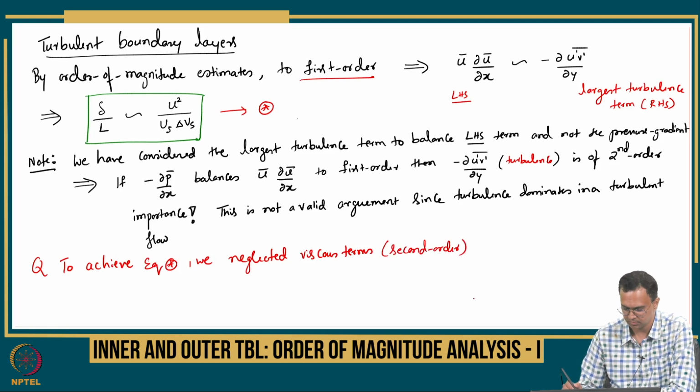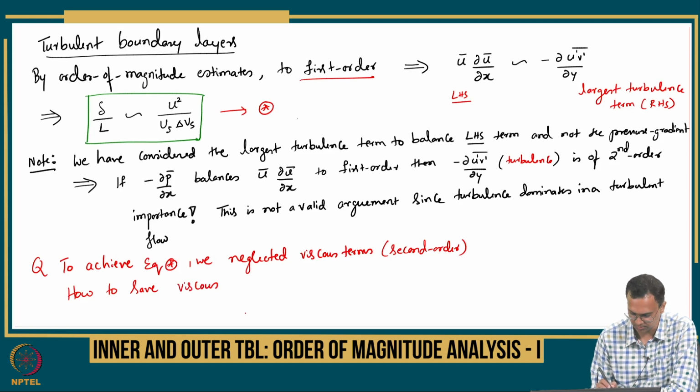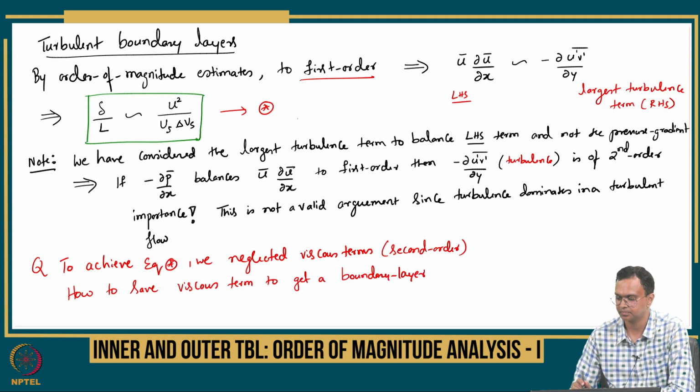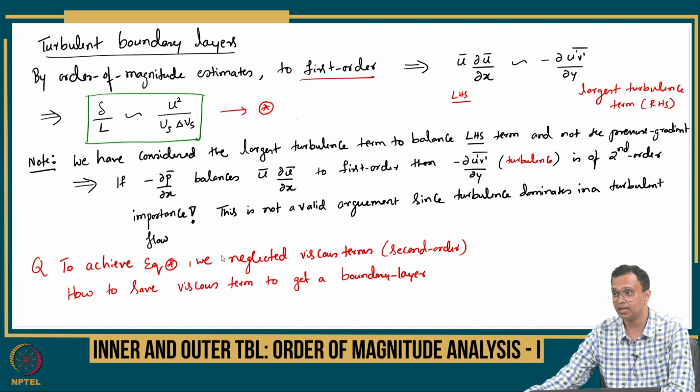So how to save the viscous term now? How to save at least one viscous term, the largest viscous term, to get a boundary layer in place? Then what term is balancing that to first order?